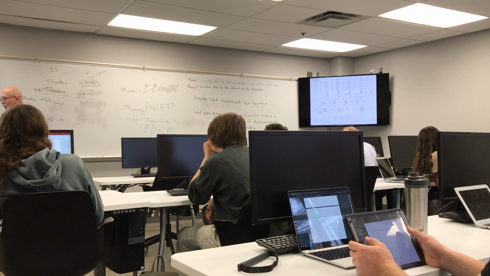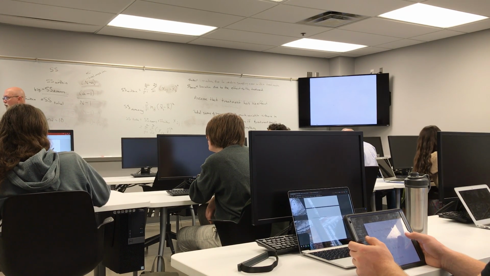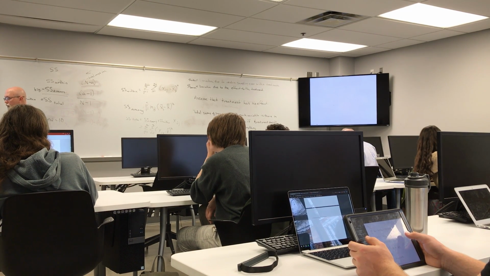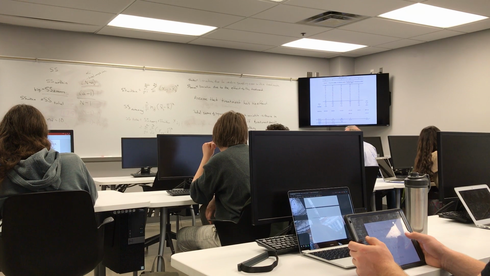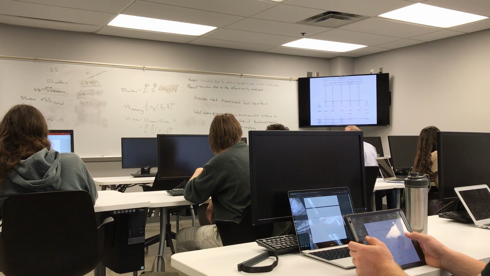And we see that when we go and run the numbers. So we see that when we quantify, sums of squares within adds up to 245, sums of squares among adds up to 1,077.